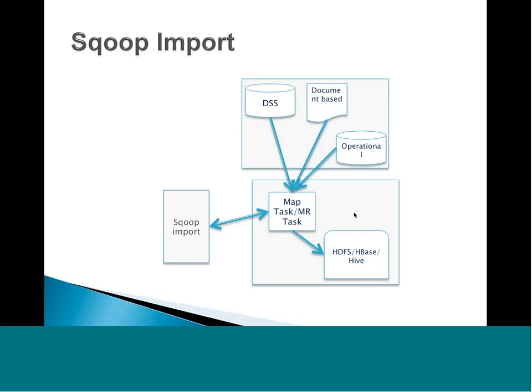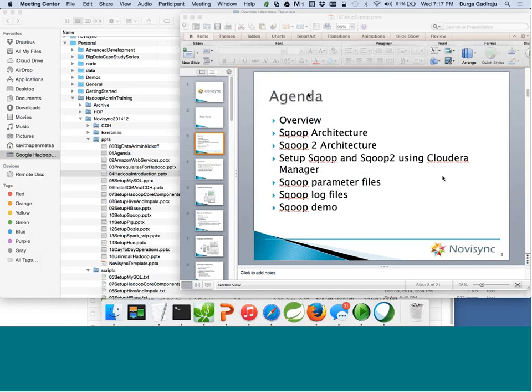Okay, so Sqoop import. No, you need not write an API in MapReduce to export or import. That is not true. You can do that if you want. If Sqoop is not performing as per your expectations, you can do that.